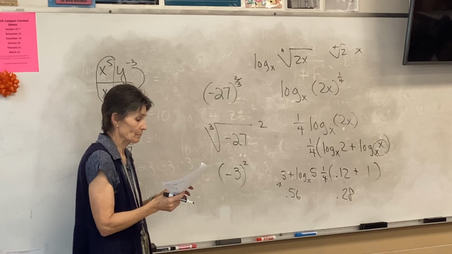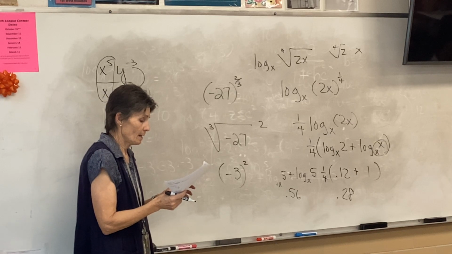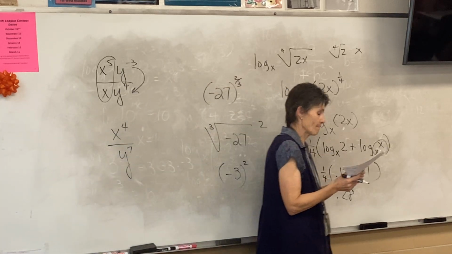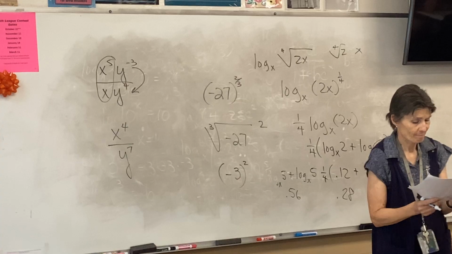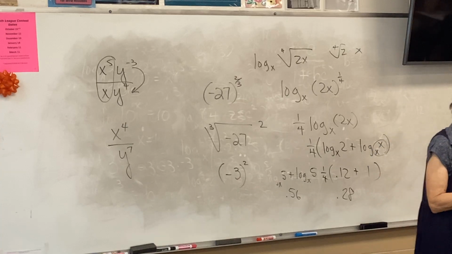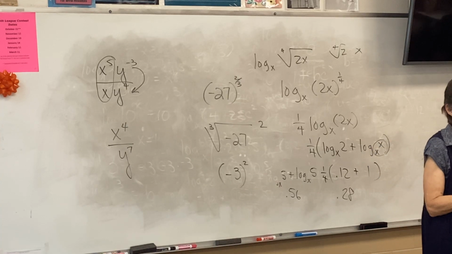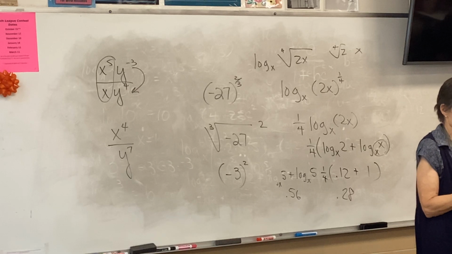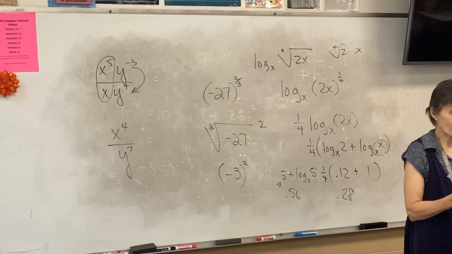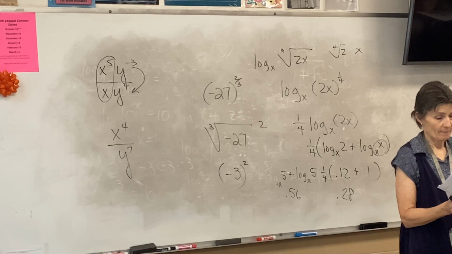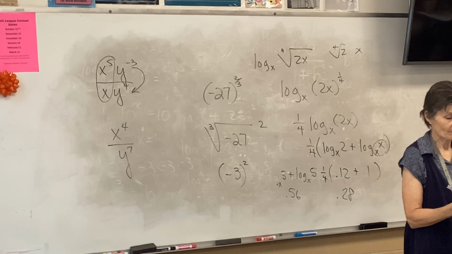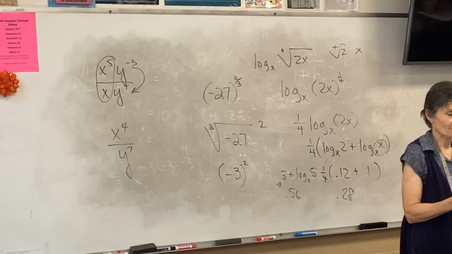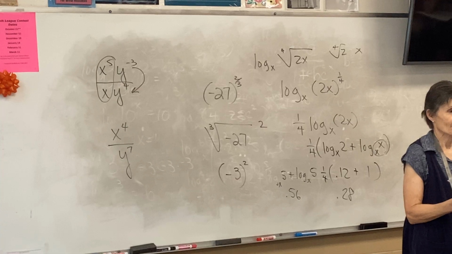What's the answer to 7A? Seven squared is 49. What's the answer to 7B?